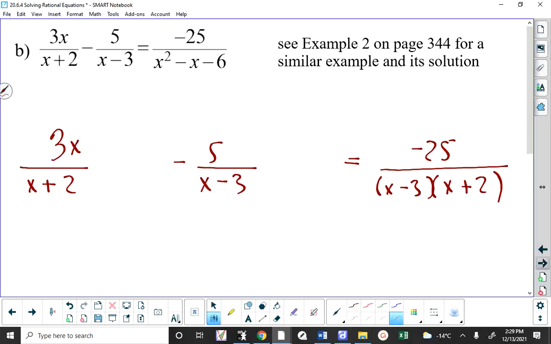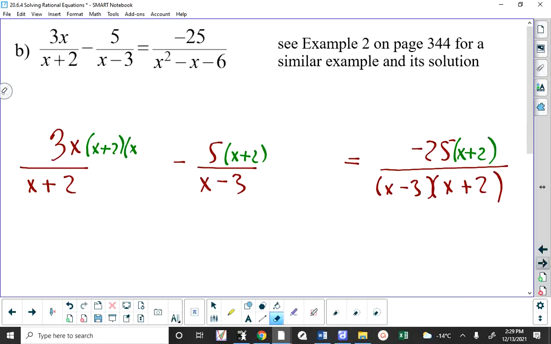Okay. So, if you took the second approach that I just finished talking about, you would say that to get rid of the x plus 2, I need to multiply everything by x plus 2. But then you would say, that will not get rid of the x minus 3, so I need to multiply everything by x minus 3 as well.